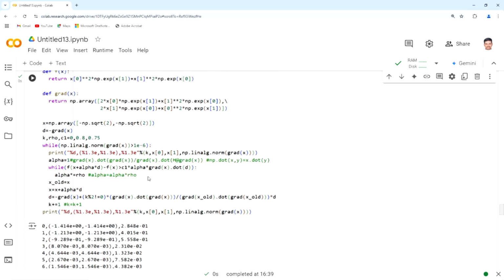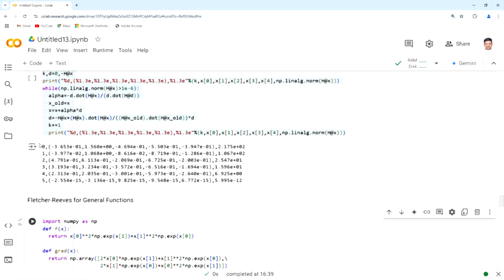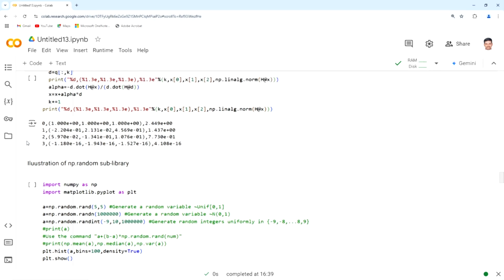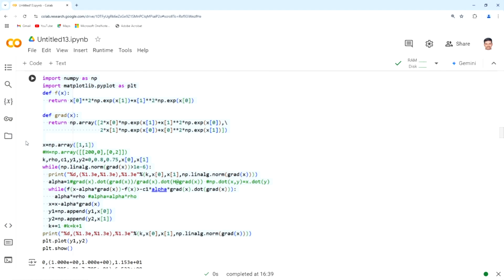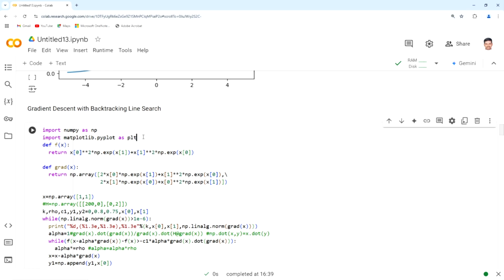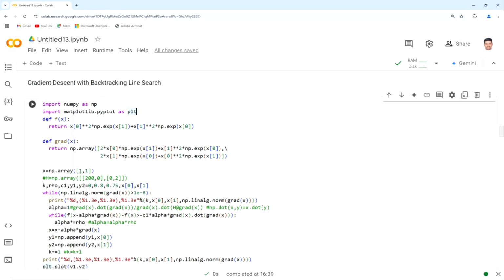Okay. So, that is for Fletcher-Reeves, and if you go ahead to the gradient descent algorithm, again we have used the same function. I can just modify the initial point and check what happens.